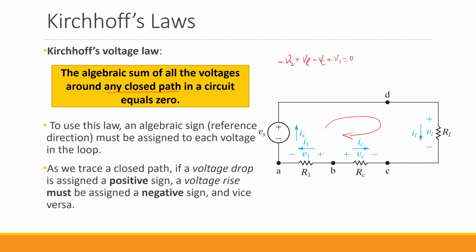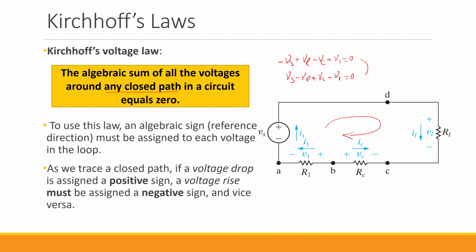I said I use the positive sign whenever I hit the negative side, so I write it as Vs. I get here, now I need to write it as VL. I hit here, I need to write it as positive VC. And finally I get to R1 and I write it as negative V1, equals 0.